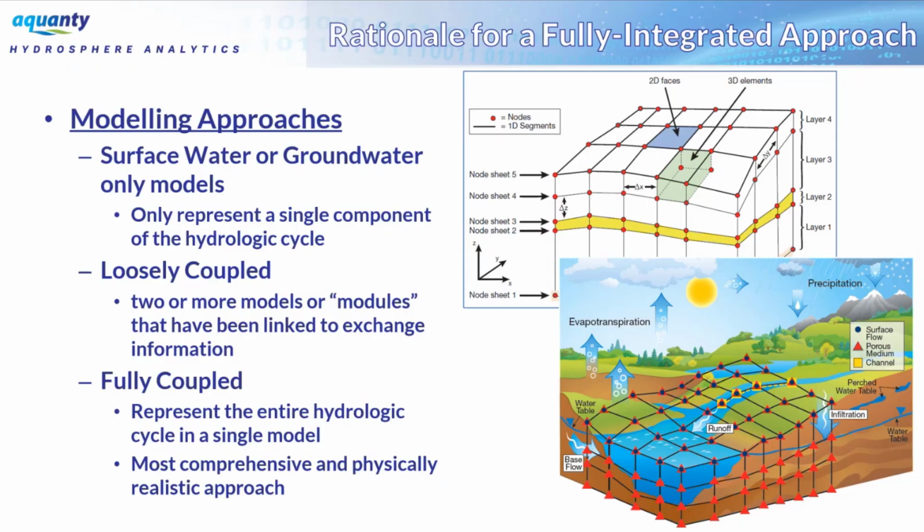There has been a history of different types of integrated models that couple the surface water and groundwater flow systems in different ways. Loosely coupled models are systems where two or more models or modules are linked together and exchange information, whereas a fully coupled model, such as HydroGeoSphere, truly represents the entire hydrologic cycle within the context of a single model or a single numerical framework.